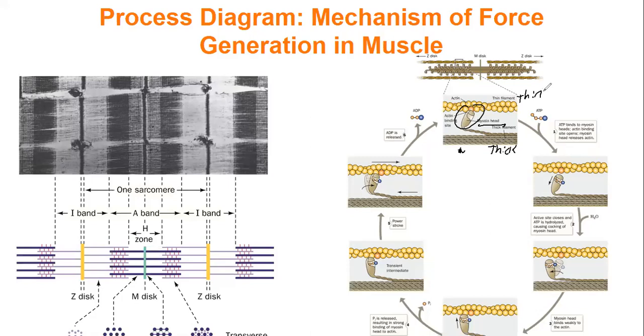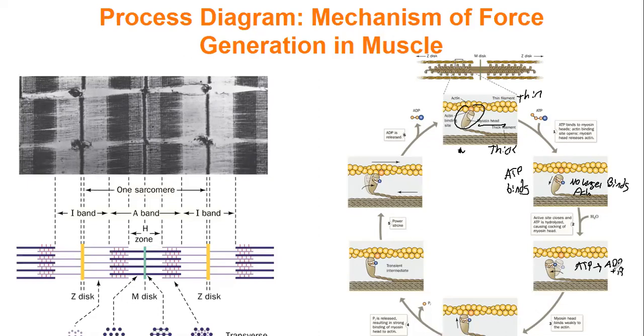And what happens now is that ATP will come in and bind. When ATP binds, the myosin head falls off, no longer binds actin. Right? Now, after it falls off, ATP is hydrolyzed. ATP goes to ADP plus phosphate.